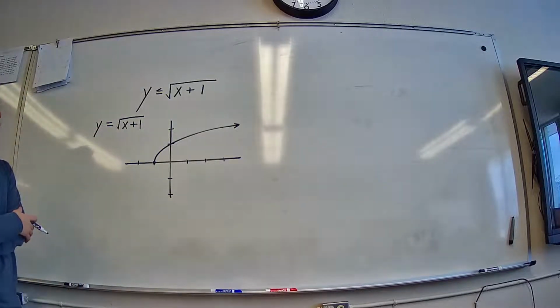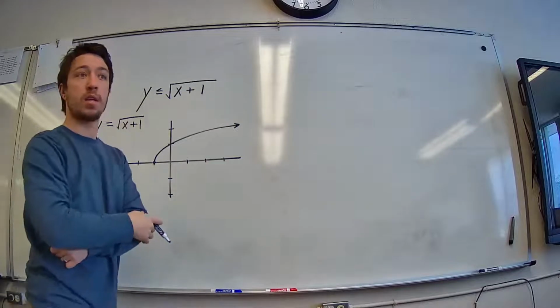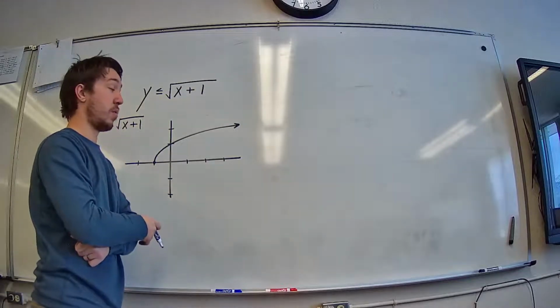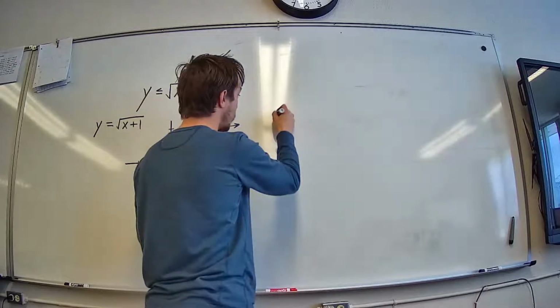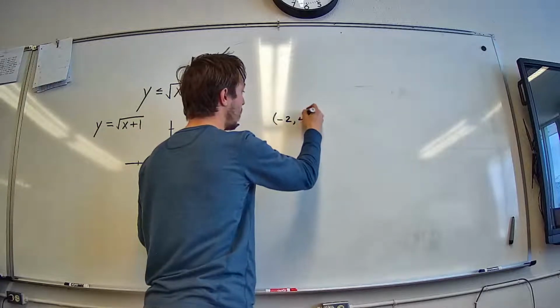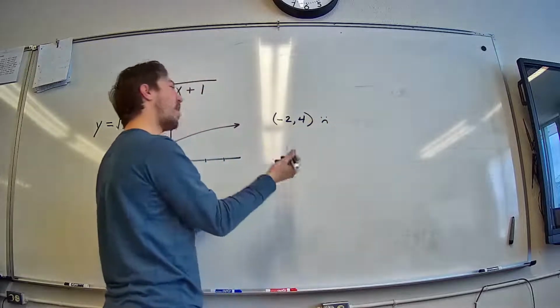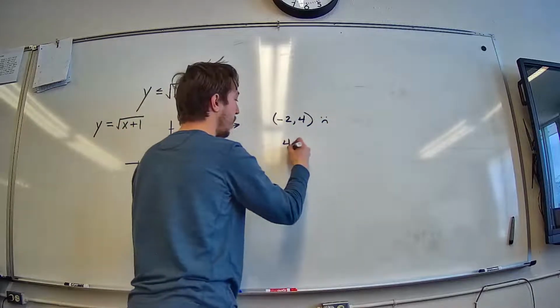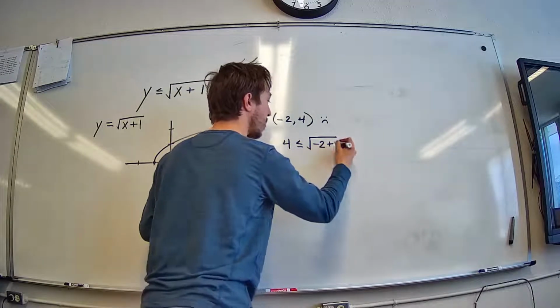All right, so can someone throw out a point that does not satisfy this? -2, 4. Oh, okay, you're getting to the heart of it right away. So -2, 4 does not work. Why is that? Is 4 less than or equal to the square root of -2 plus 1?